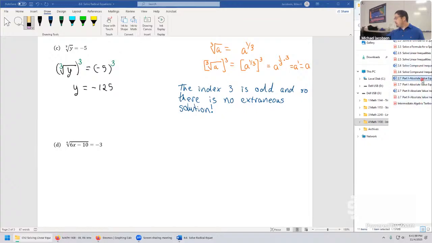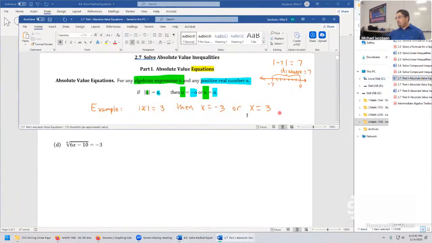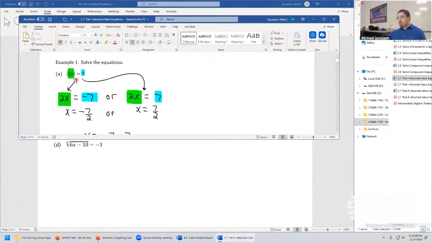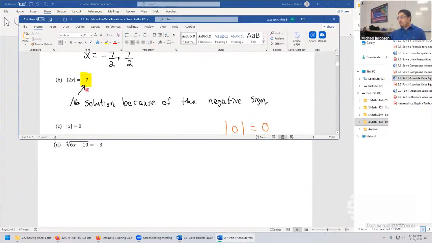Let's see, that must have been section 2.7, part 1. Lots of weird things came up when we were doing these kinds of equations, similar to what we're looking into in part D. We observed when we solve an absolute value equation, there's often 2 answers, but not always. If there's ever a negative right here, there's no solution whatsoever.